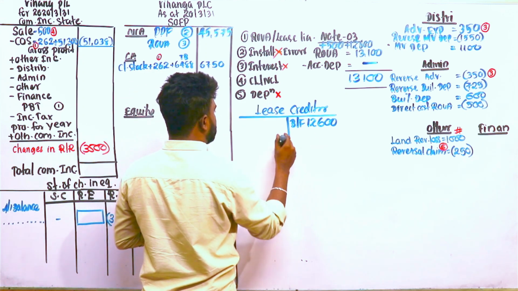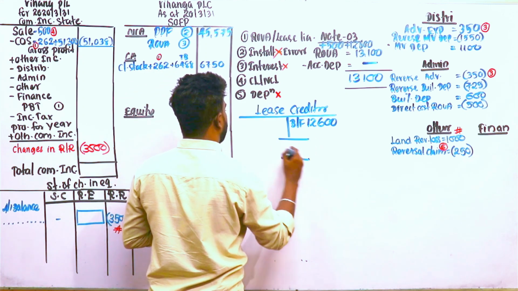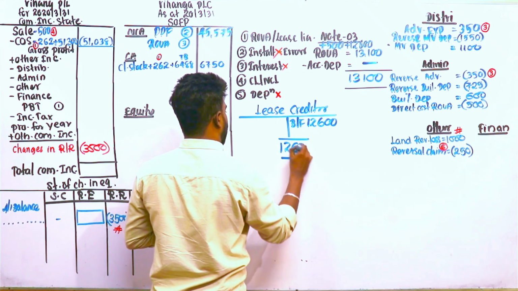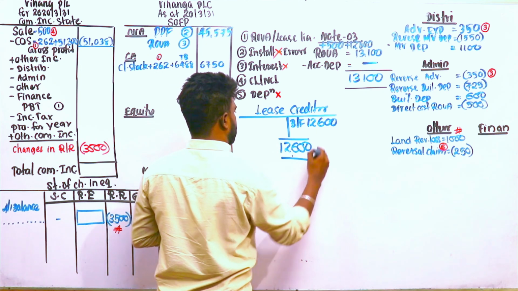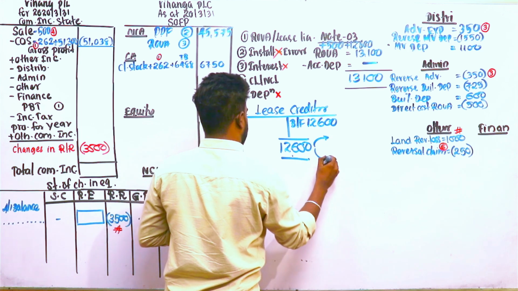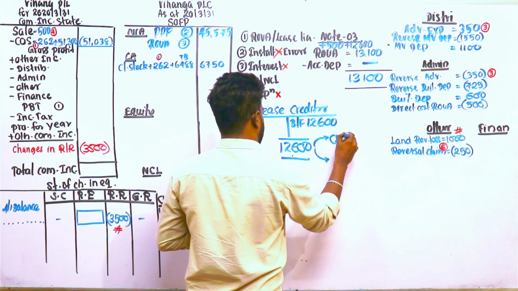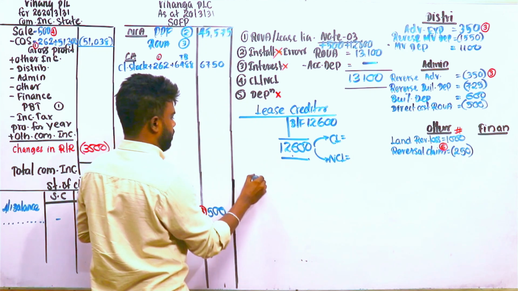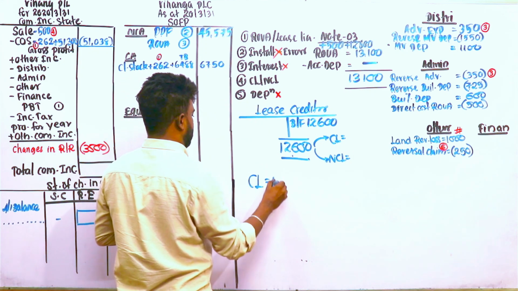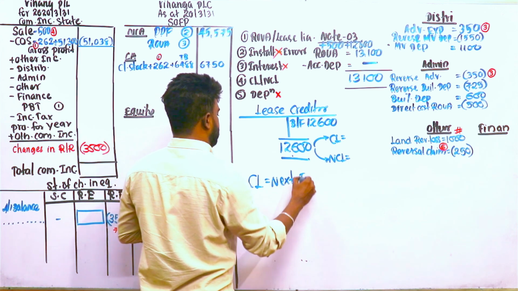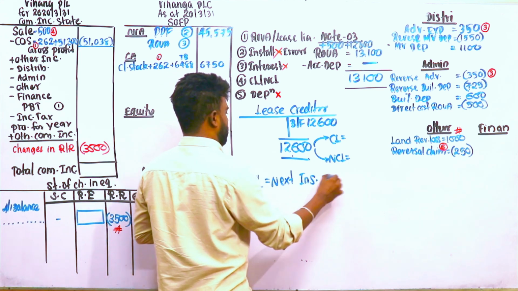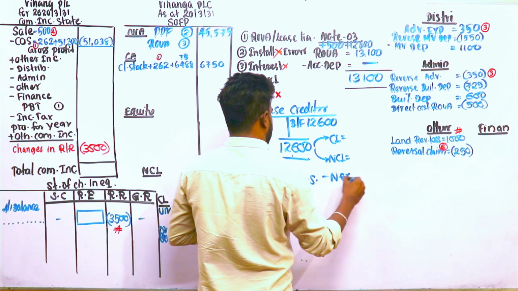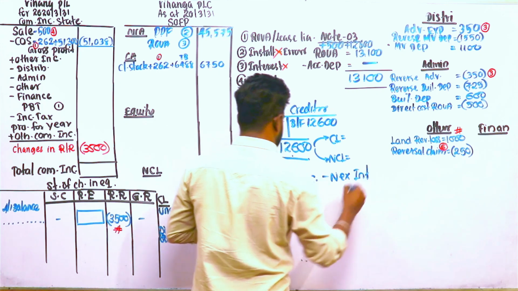So you have to classify this one as current and non-current liability. Current liability: next year installment minus next year interest.